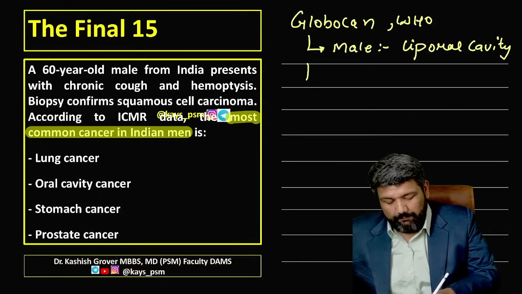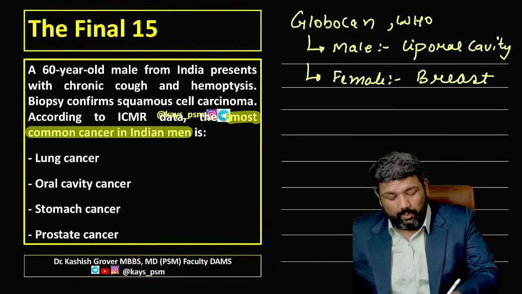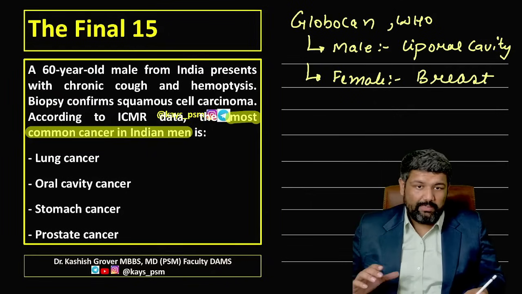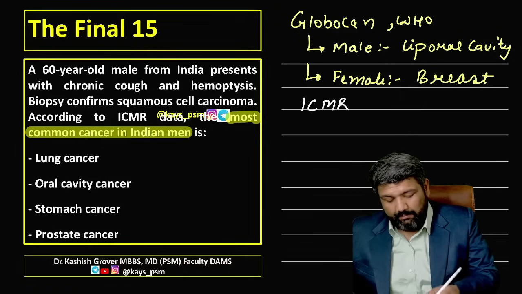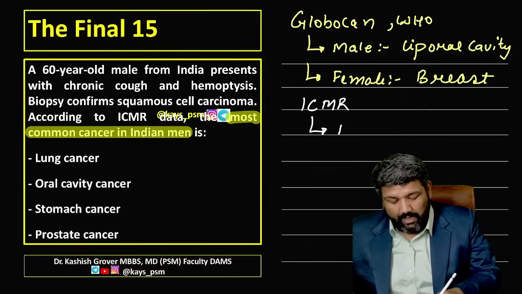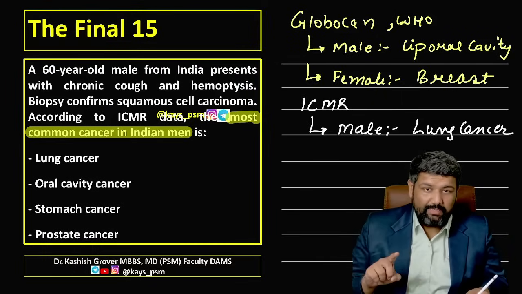They say in female it is breast cancer. But a few months back there was a study which ICMR published, and ICMR told that among men the most common cancer is lung cancer. I told you in my class and DVT as well.